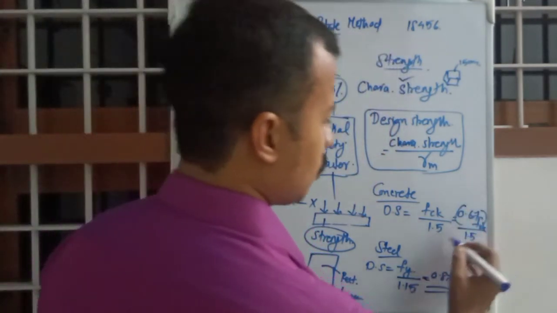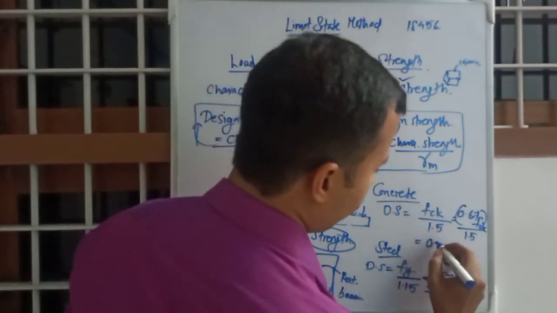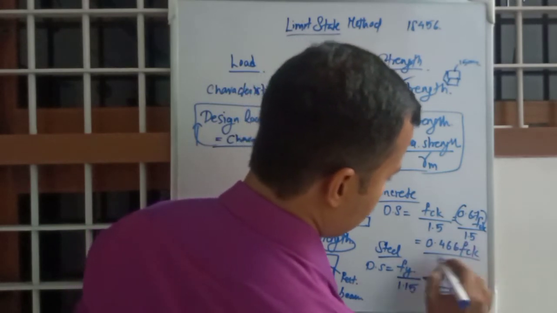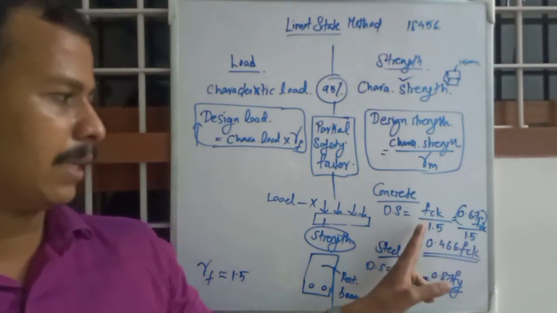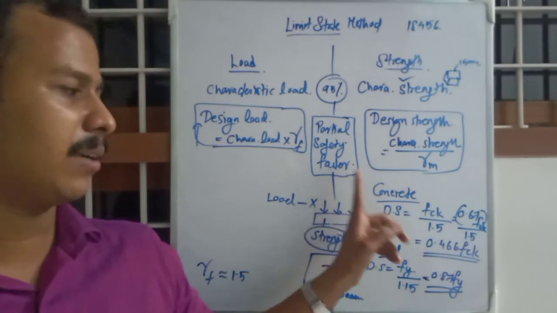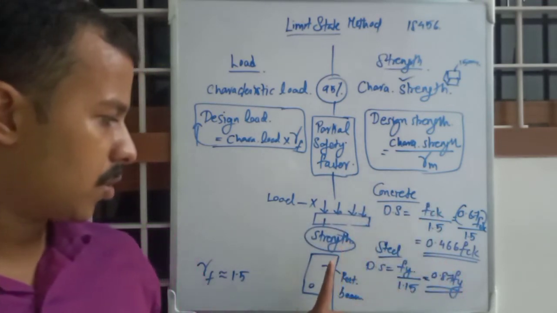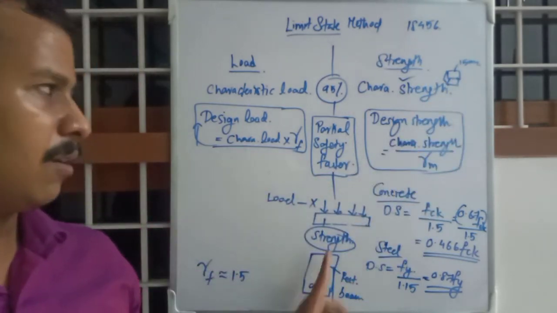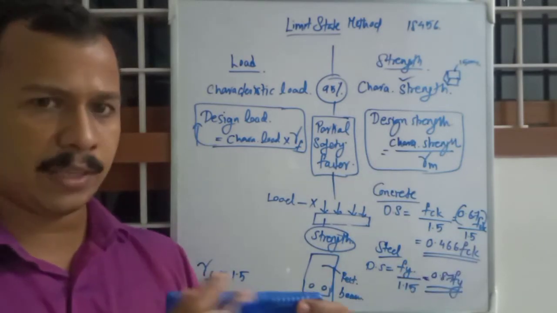So actually the design strength of concrete is 0.466 FCK. As our general rule, we will divide FCK by 1.5, as the partial safety factor of concrete is 1.5. And for considering the shape factor, as there is a shape change from cube to rectangle, and it is elongated rather than a cube, right?